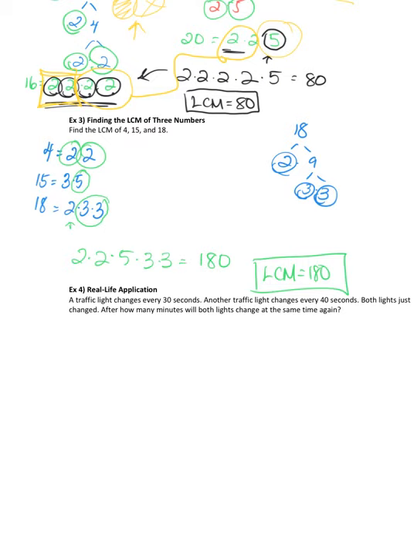So let's start out by looking at the multiples of 30. Okay, so we have, to start with a few, 30, 60, 90, 120, and so on. Next we'll look at multiples of 40.